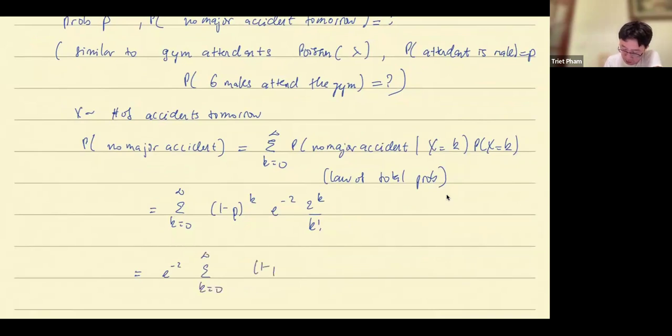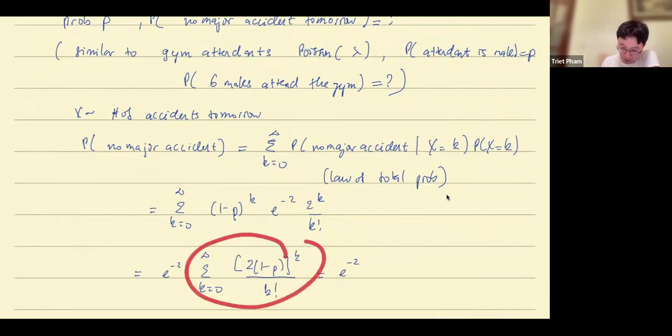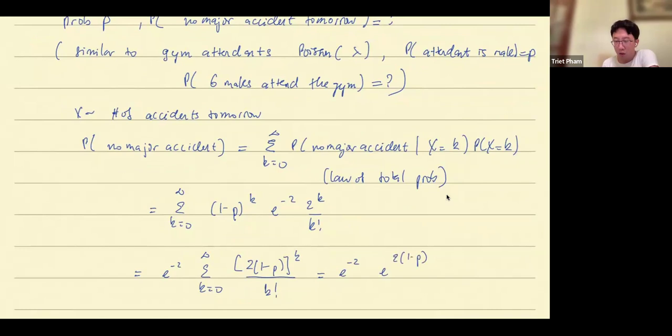And 1 minus p can be combined with the 2, like that. We recognize that this is the sum of the Taylor series of an exponential. So it's e to the 2 times (1 minus p), which just so happens that the 2 cancel, giving us e to the minus 2p. That's the answer.